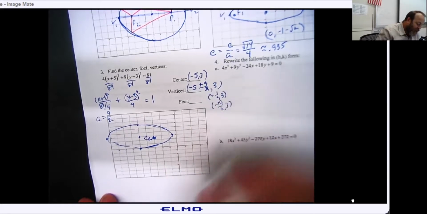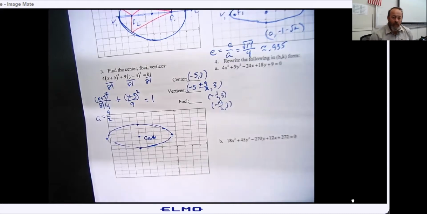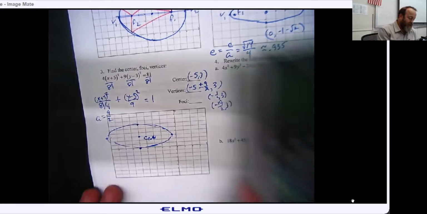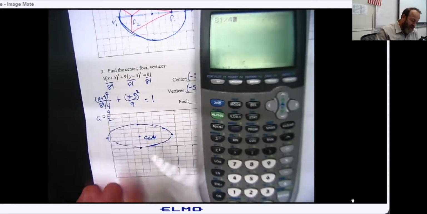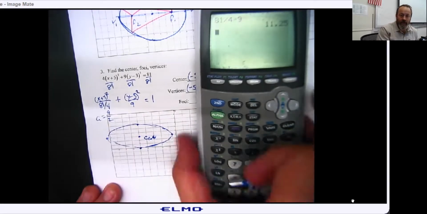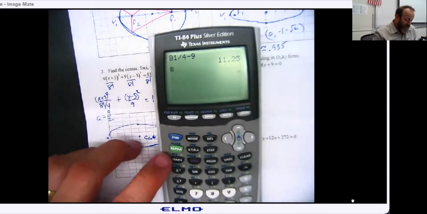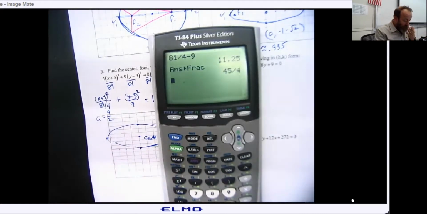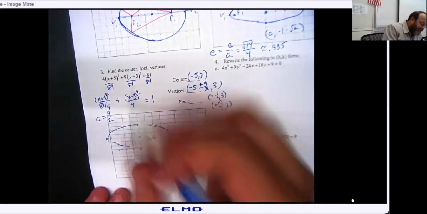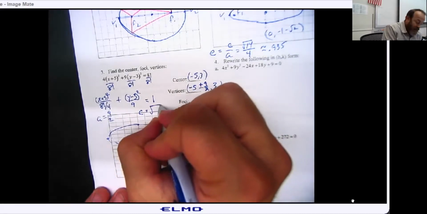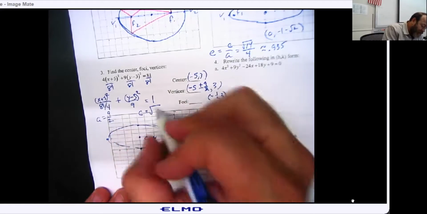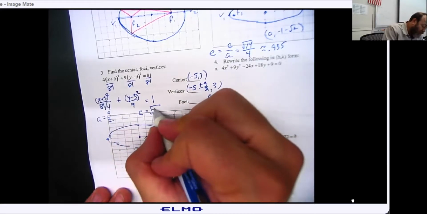And last but not least, when we go for those foci, some of those numbers can get kind of bad. So again, what we're going to do is 81 quarters. We're going to take away that 9, and I got 11.25, or 45 quarters. So C is going to be the square root of 81 quarters minus 9, which is 45 quarters.